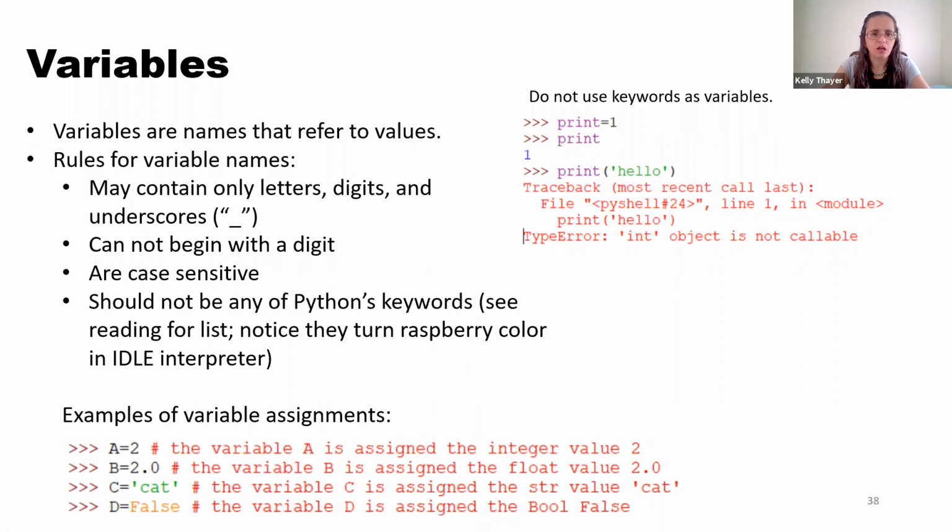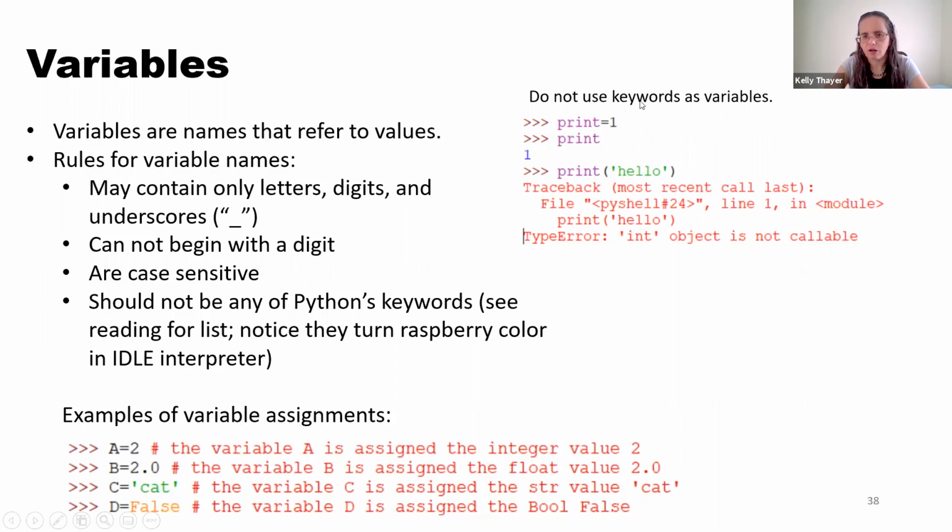They should not be any of Python's keywords. In fact, it's actually possible to set variables using Python's keywords, but it is definitely not advisable to do so. So here are some examples of variable assignment. A equals 2. This says A gets the value of 2, B gets the value of 2.0, C gets the value of the string cat, and D gets a Boolean false.